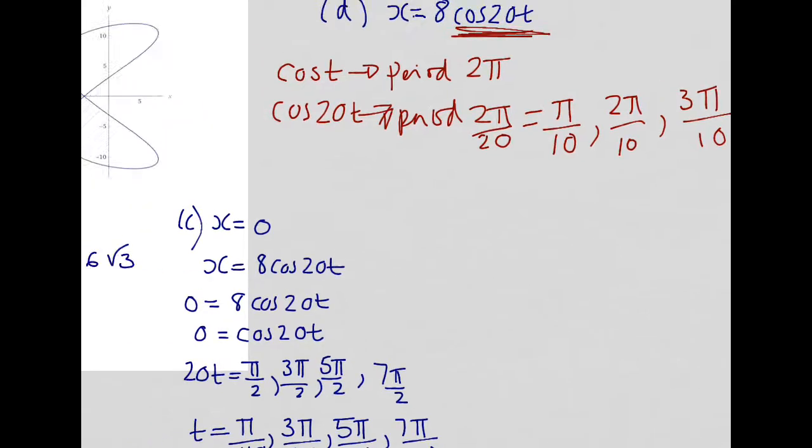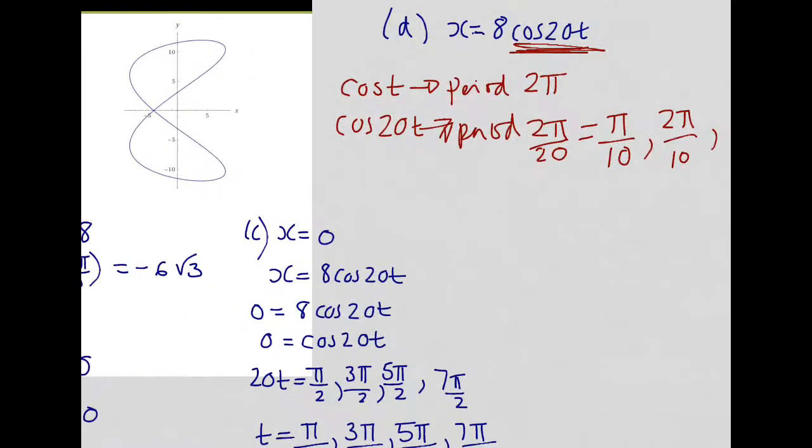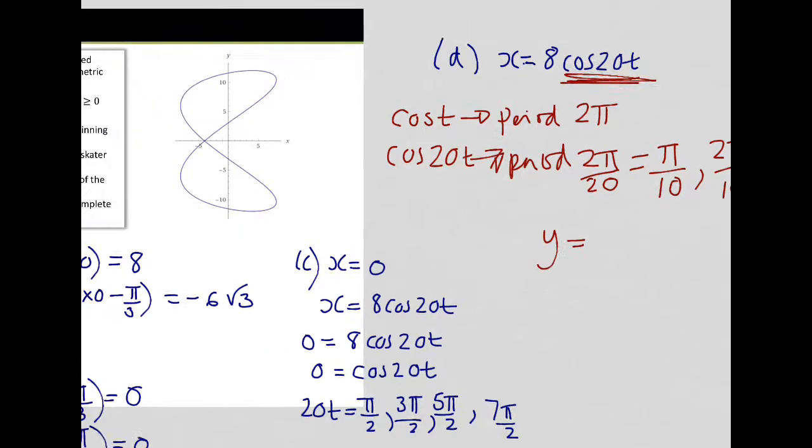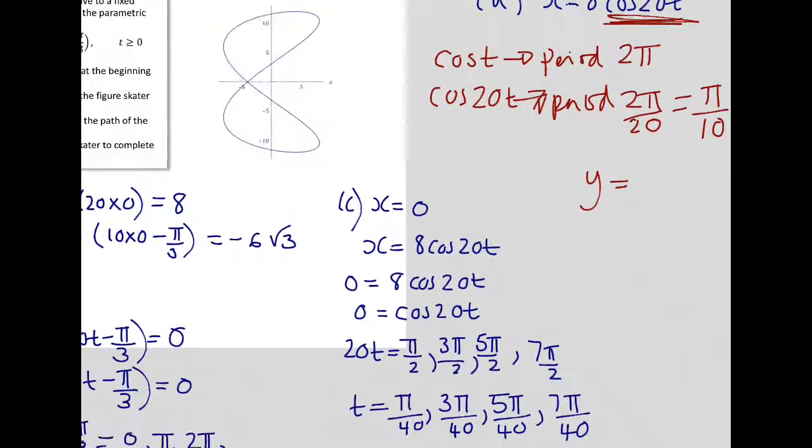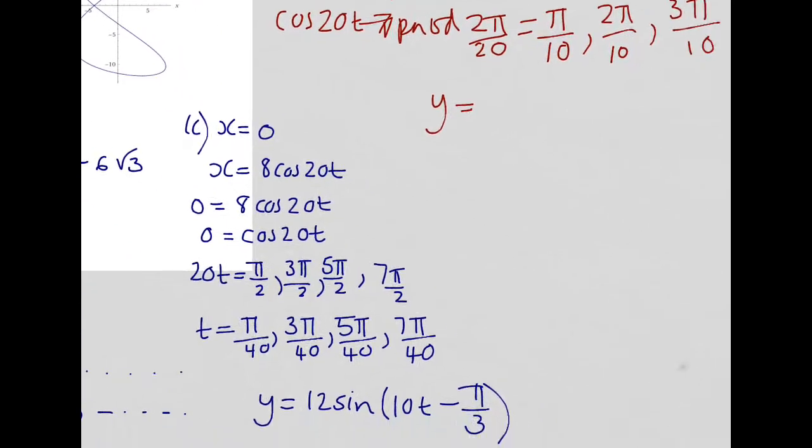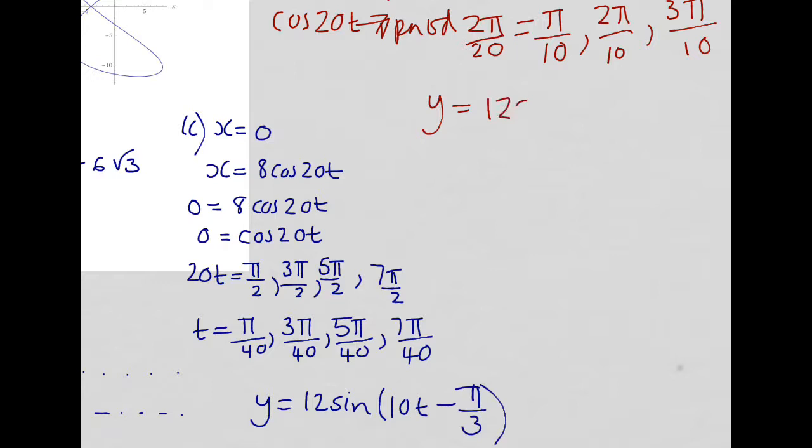Now let's look at y, because going back to my equation over here, y is 12 sine of 10t subtract pi over 3. Now, the subtracting, if you remember, just shifts your graph left or right. It doesn't alter how often it's going to repeat, how quickly it repeats. That's affected by the 10.